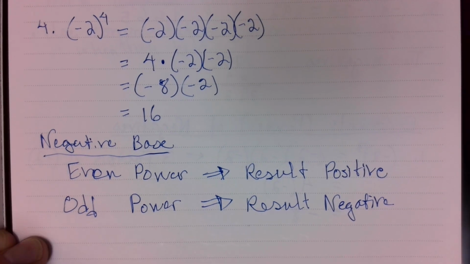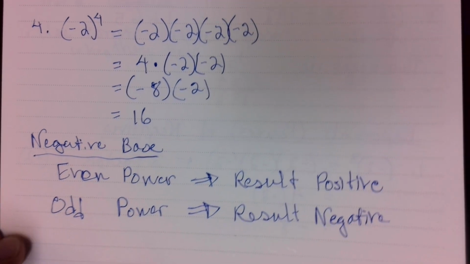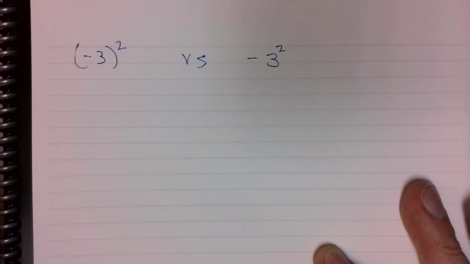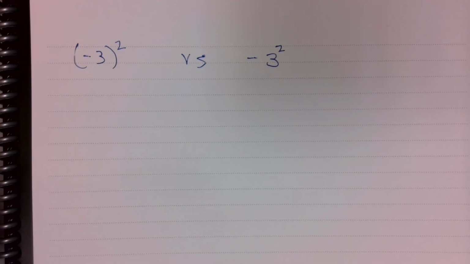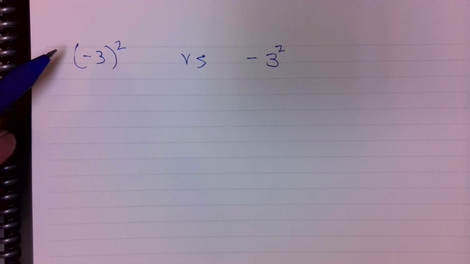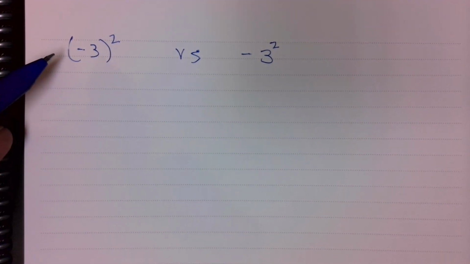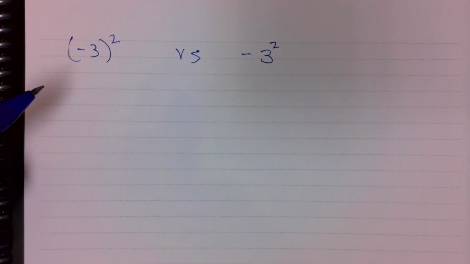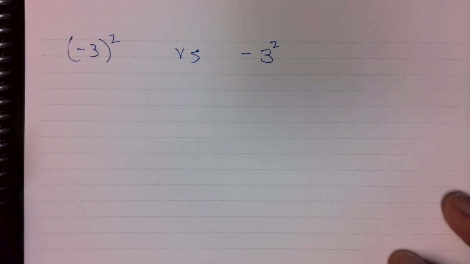And I also want you to note the difference between two expressions that look very similar. Okay? It's something like this. It's negative 3 to the power 2 versus the negative of 3 to the power 2. Okay? So here, we're going to be following order of operations. We have to think back to the last chapter when we talked about order of operations. Parentheses, then exponents, then multiplying and dividing.